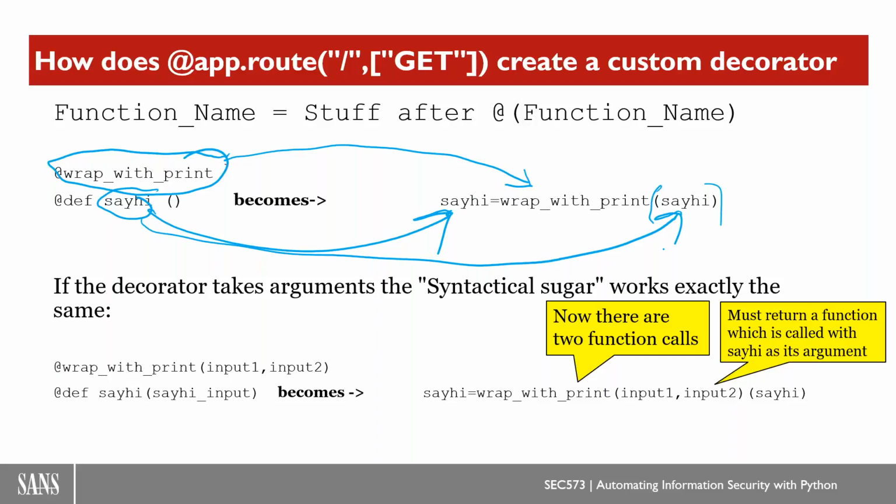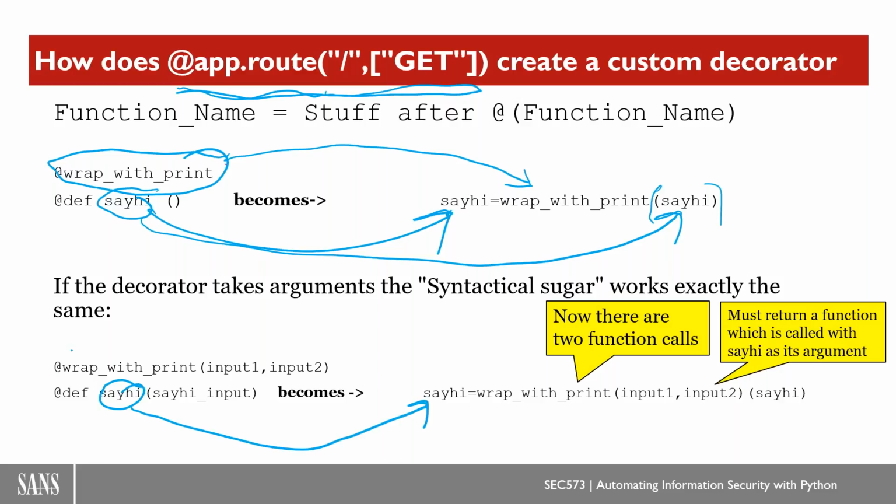So what's going on when we have these more complex decorators like @approute/get? This is an example of a decorator that you might see inside of a Flask application. Well, in this case, it's doing the exact same thing that we did with the other syntactical sugar. It takes this name of this function and it puts it on the right-hand side of the equal sign.